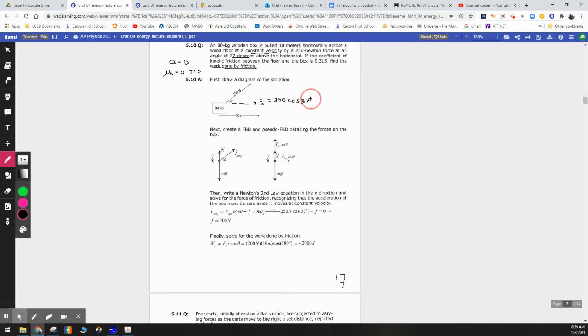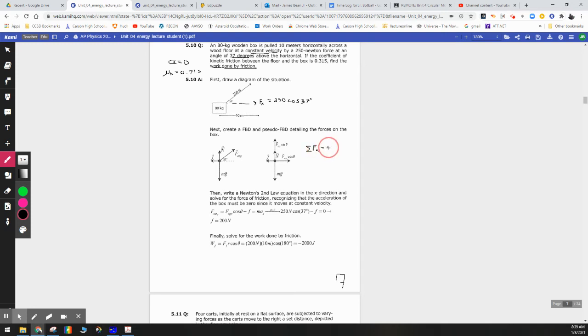Okay, so we have that there, or you can also do a free body diagram here, and that gets all the components that you need. The next step here is we're going to go ahead and write Newton's second law in the x direction. So you can see this formulation here, we have the sum of the forces in the x direction.